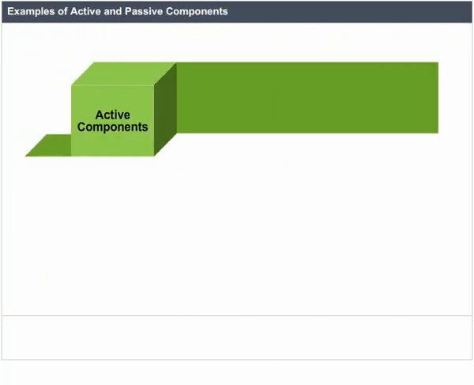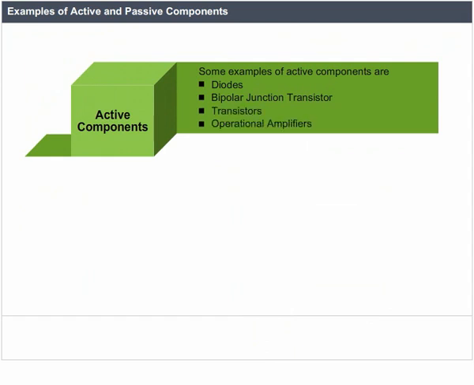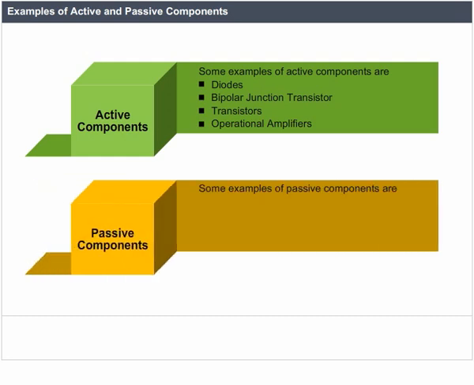Some examples of active components are diodes, bipolar junction transistors, operational amplifiers. Some examples of passive components are resistors, capacitors, inductors.